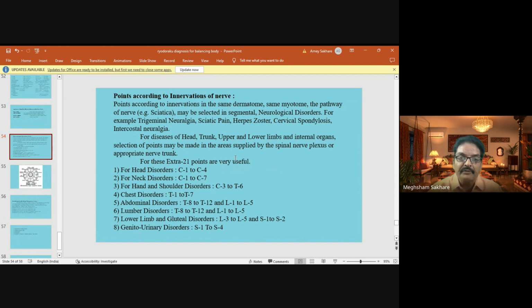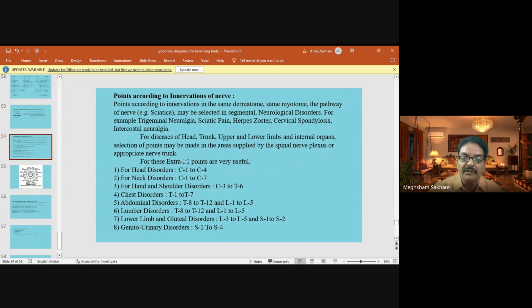We can use the points on the nerve. For diseases of the head, trunk, upper and lower limb, and internal organs, selection of the points may be made in the area supplied by the spinal nerve plexus and appropriate nerve trunk.